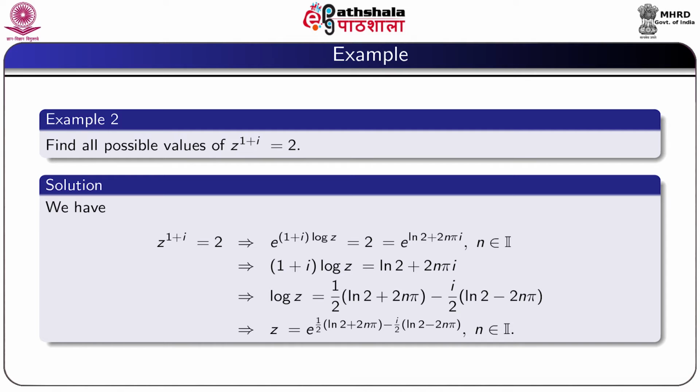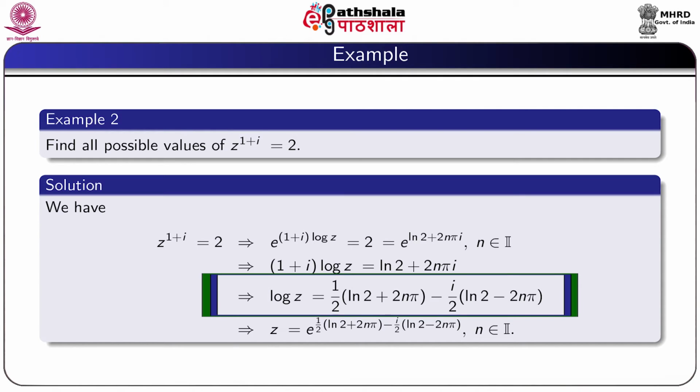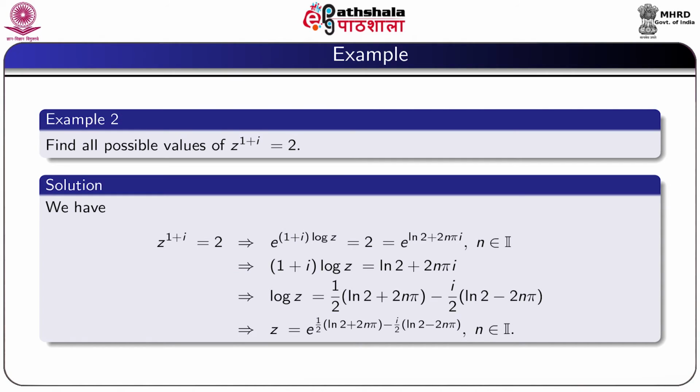From this we get (1 + i) log z = ln 2 + 2nπi. That is, log z = (1/2)(ln 2 + 2nπ) − (i/2)(ln 2 − 2nπ). This gives z = e to the power [(1/2)(ln 2 + 2nπ) − (i/2)(ln 2 − 2nπ)], where n belongs to I, the set of all integers.